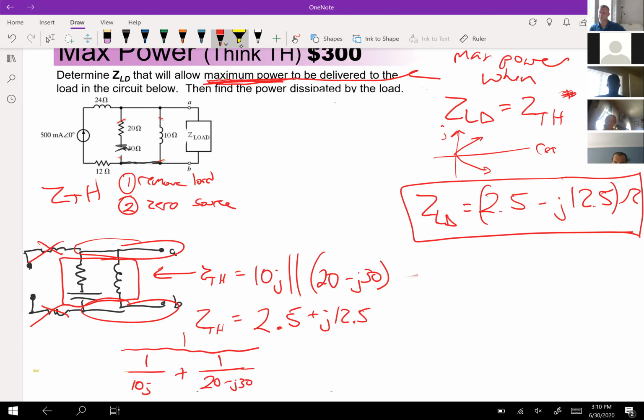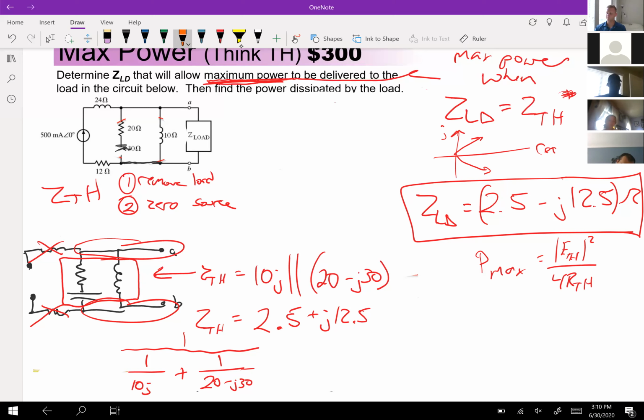But then it says find the power dissipated by the load. Well, now in order to find the maximum power, if I look at the equation sheet, it says E Thevenin squared over 4R Thevenin. Well, I don't know E Thevenin, so let's do that in orange up top.